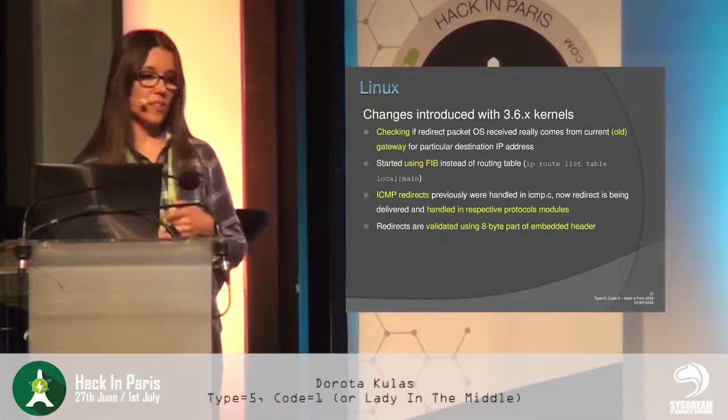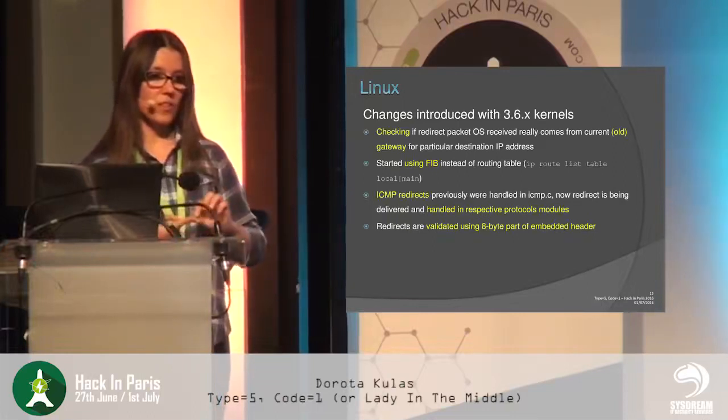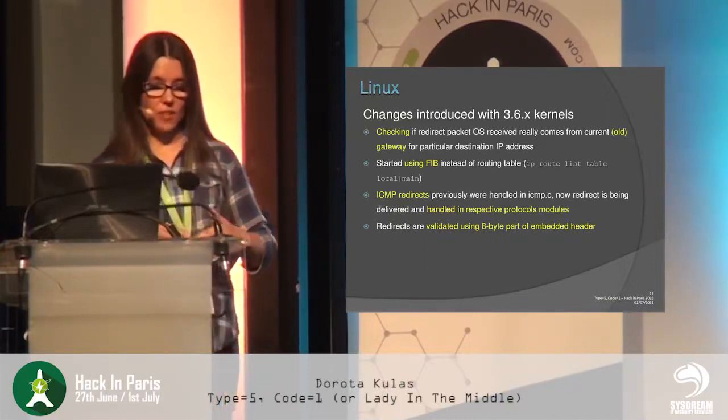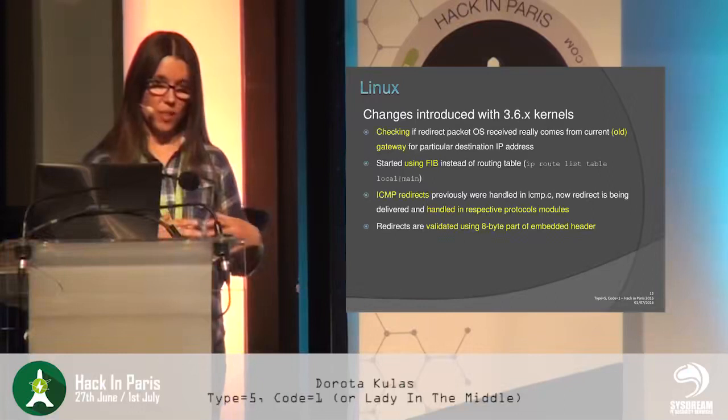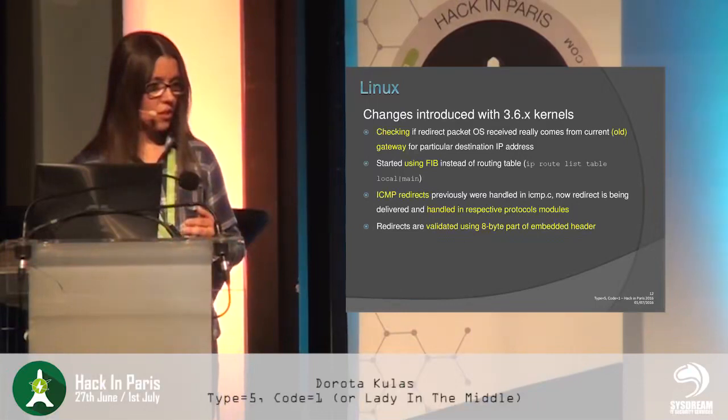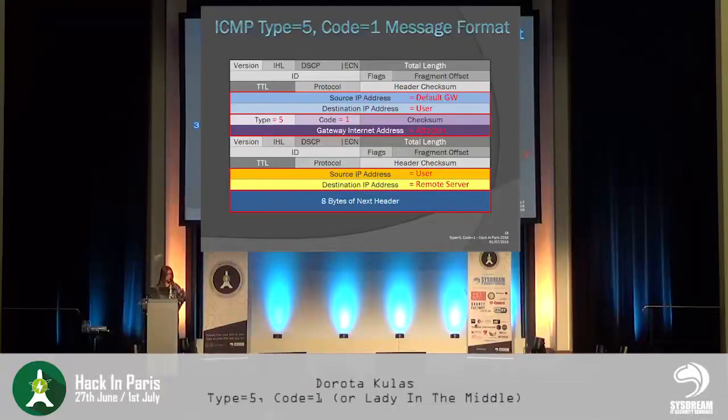And then the next step would be the ICMP redirect should come from the default gateway, so the IP source address of the redirect packet, and that would be, actually, this first blue header.